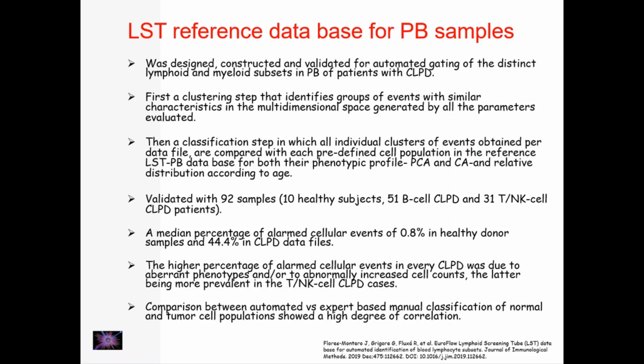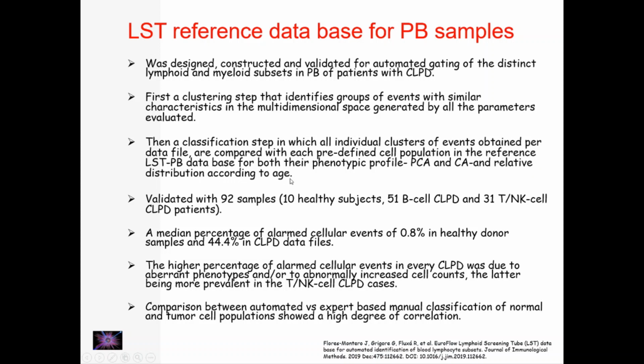Then, a classification step in which all individual clusters of events obtained per data file are compared with each predefined cell population in the reference LST database for both their phenotypic profile and relative distribution. And for this they use two different algorithms, the principal component analysis and the canonical clustering analysis.